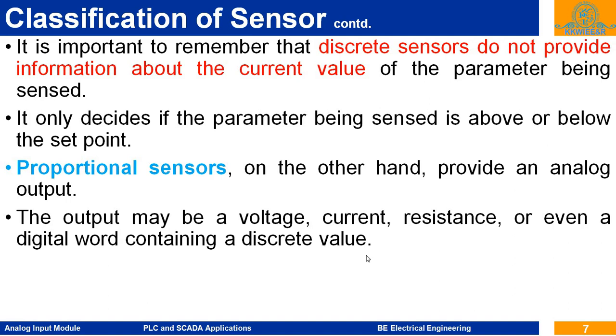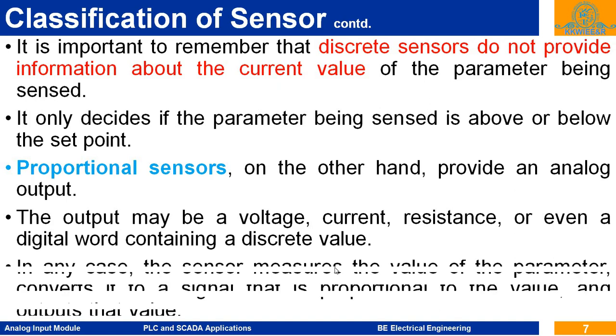The output may be a voltage, current, resistance, or, after converting this continuous signal into a discrete one, a digital word of 0s and 1s, such as an 8-bit or 16-bit word.